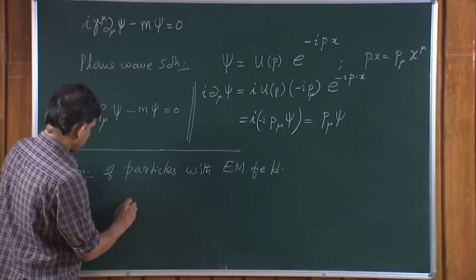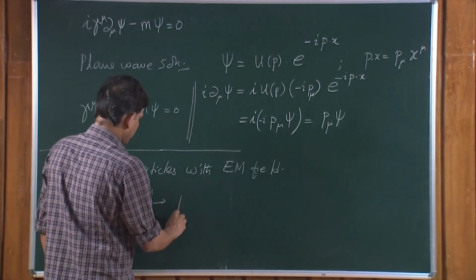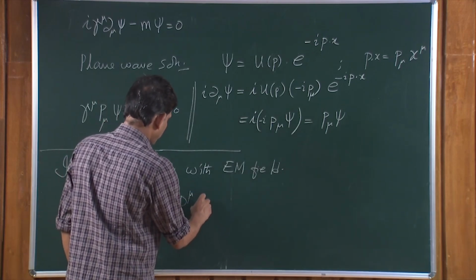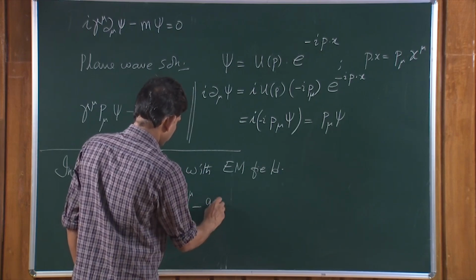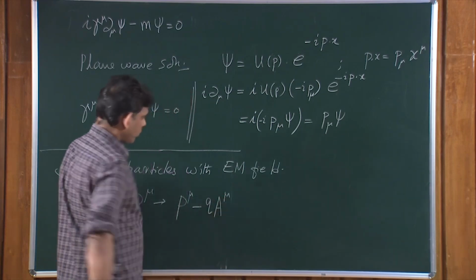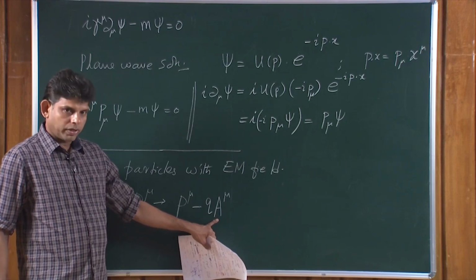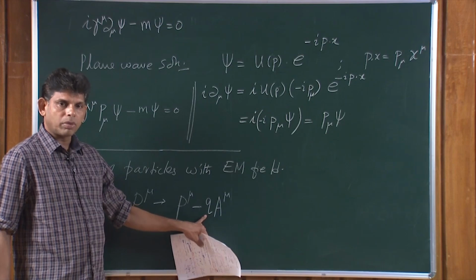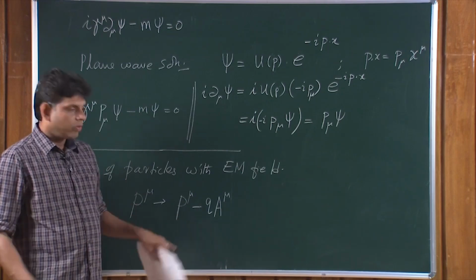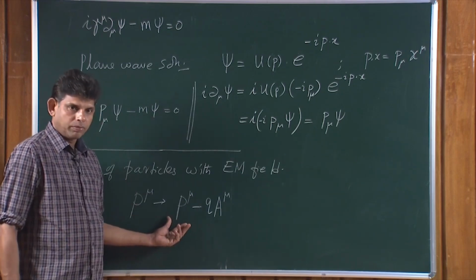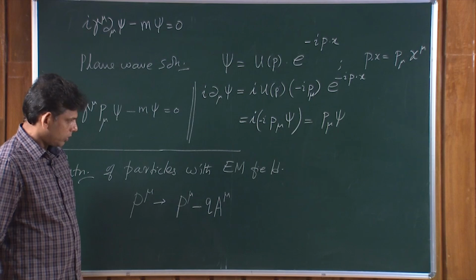For that, we saw that we can simply change this momentum p mu to p mu minus q A mu, where q is the charge of the particle and A mu represents the electromagnetic field. Here p is the 4 momentum of the particle, which includes energy as well as 3 momentum.